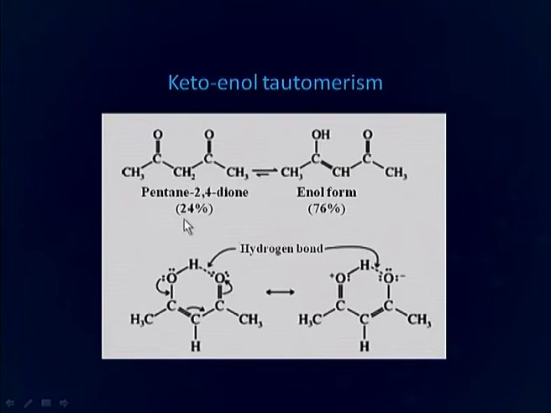We will now discuss acid and base catalyzed enolization, which is one of the very important aspects of reactivity of carbonyl compounds. The interchange from keto to enol form involves proton exchange.